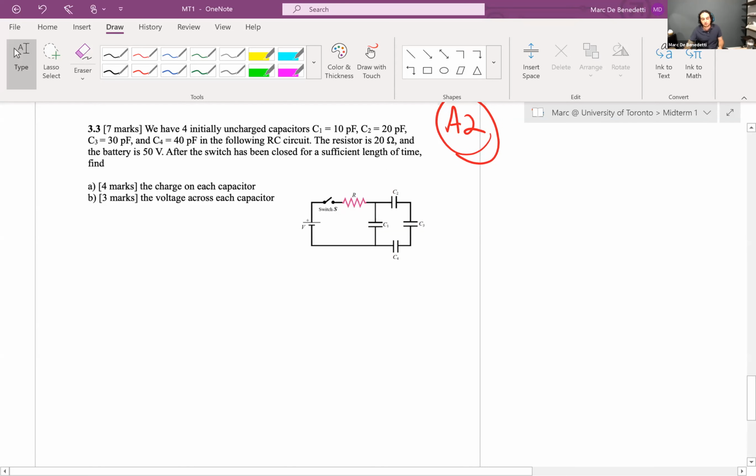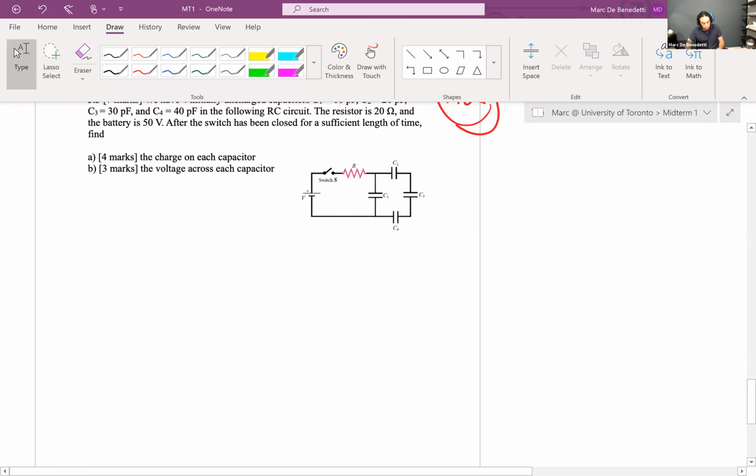I haven't looked at the results of this question yet, but I think many of you hopefully got it because you would have seen it before. And that brings me back to something else I'll talk about momentarily. But here's the circuit. Part A says, what is the charge on each capacitor?